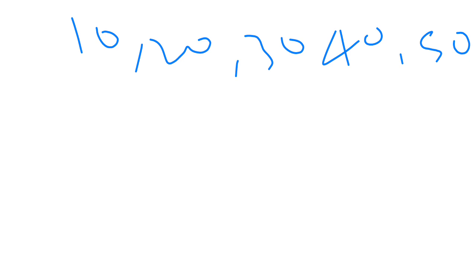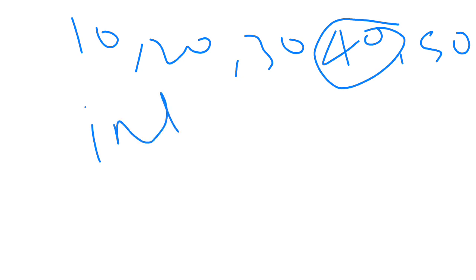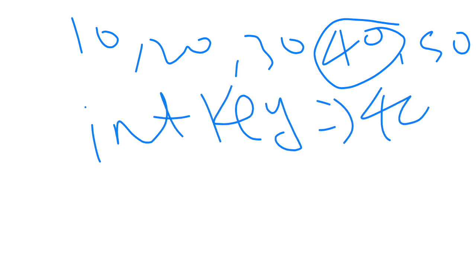For the search value, the variable key stores the number we want to search. Here we search only 40, so int key is equal to 40.